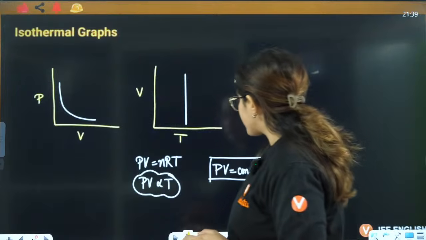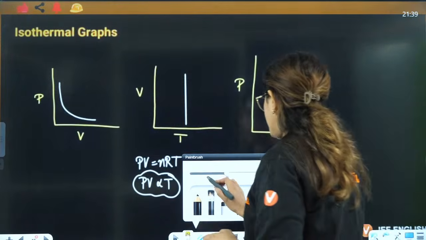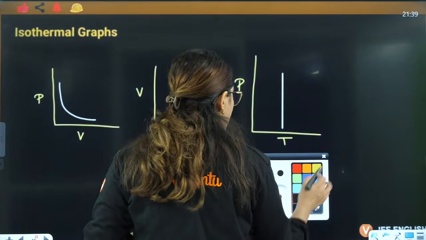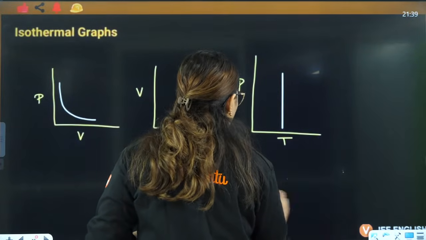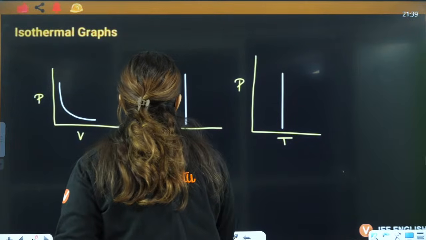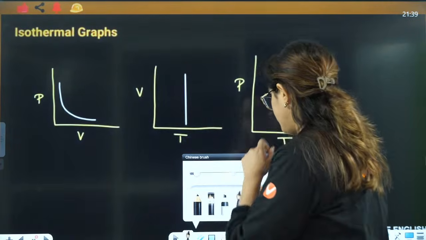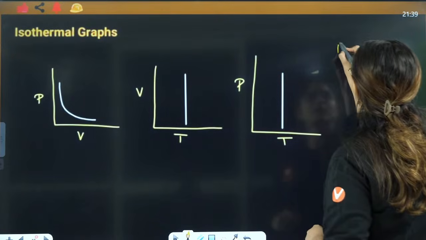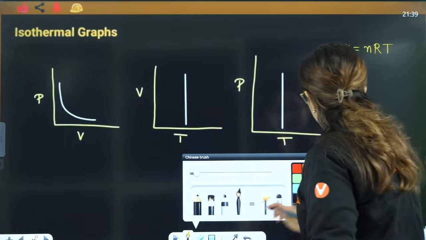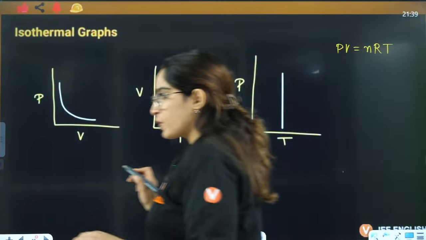In case of isothermal, simply tell me what is the ideal gas equation. What is the ideal gas equation, everyone? That is PV is equal to nRT, right? That is your ideal gas equation.